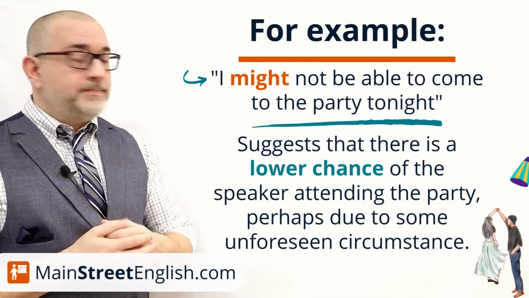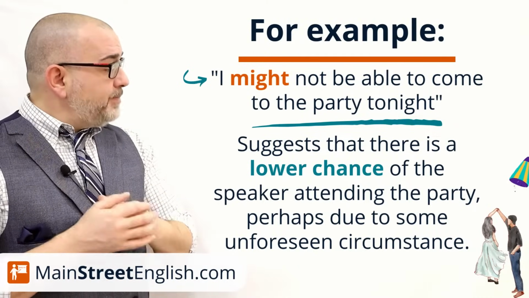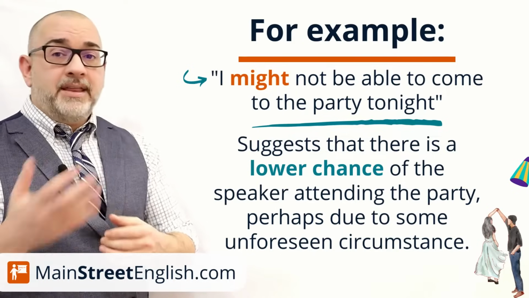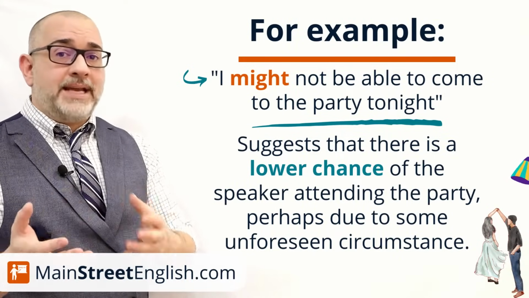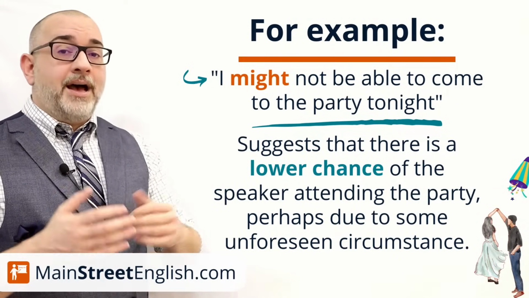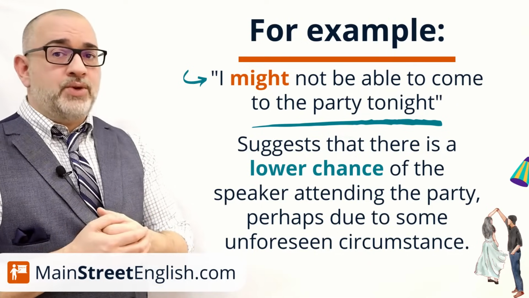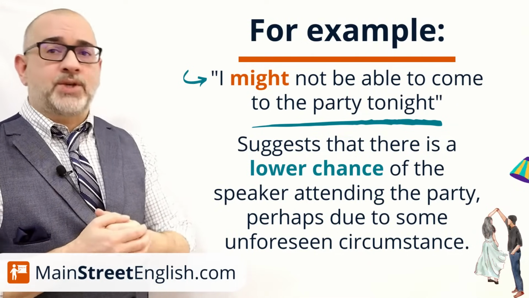For example, I might not be able to come to the party tonight. This suggests that there is a lower chance of the speaker attending the party, perhaps due to some unforeseen circumstance.